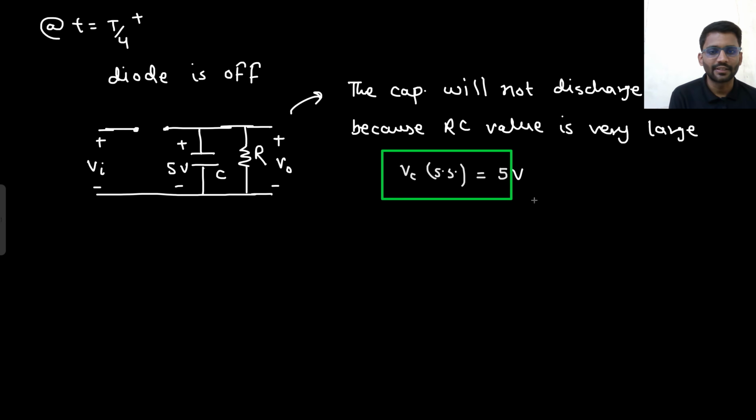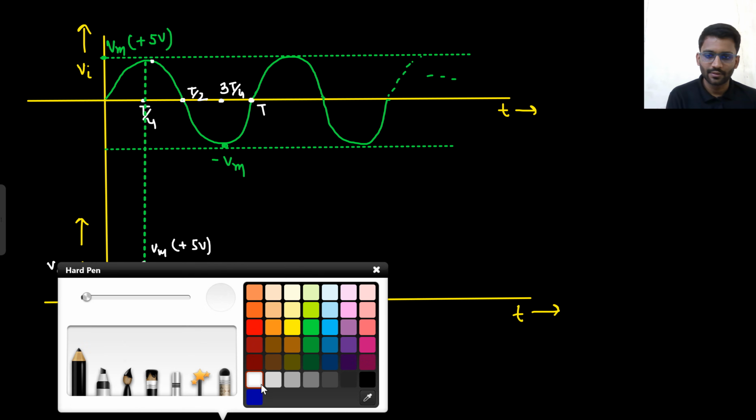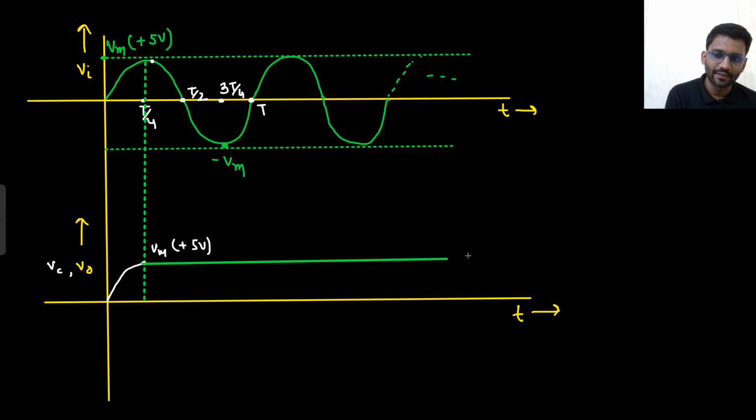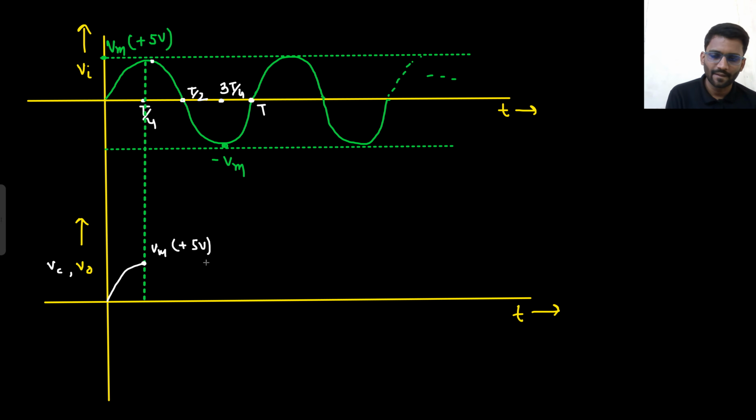So Vc will remain stable at 5 volt. It will remain stable at 5 volt like this. This value is 5 volt.